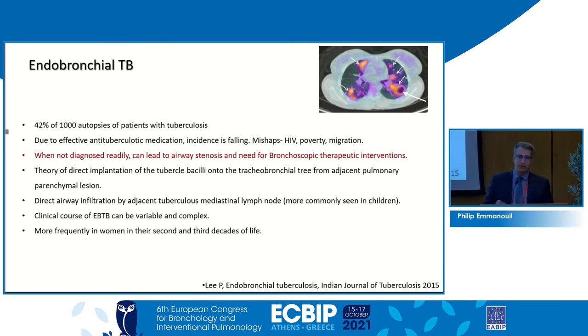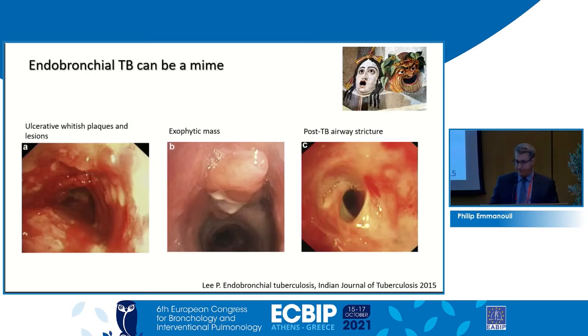And when we do not recognize and treat it appropriately and on time, it can lead to airway stenosis. There are certain theories about infiltration through the blood vessels or the lymphatic vessels. The clinical course can be variable, and usually it's more frequent in women in the second and third decades of life. So it can be a great mimic.